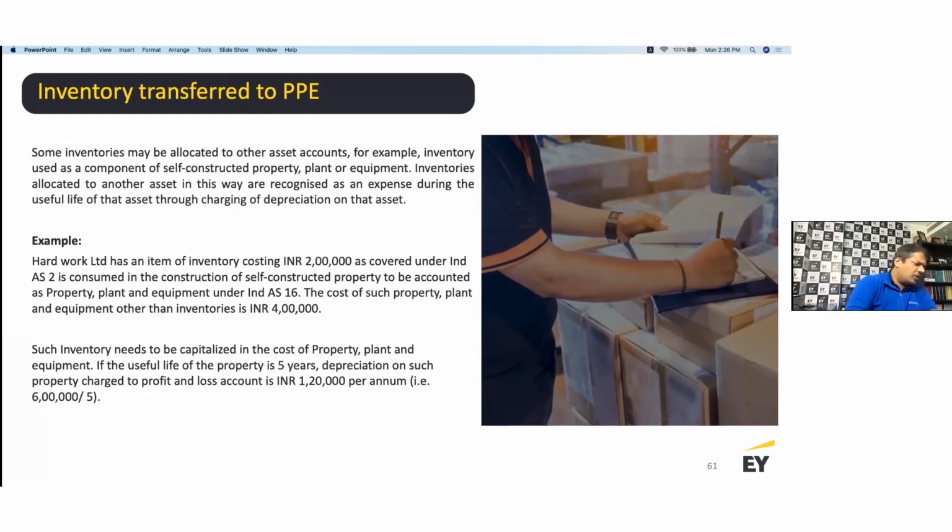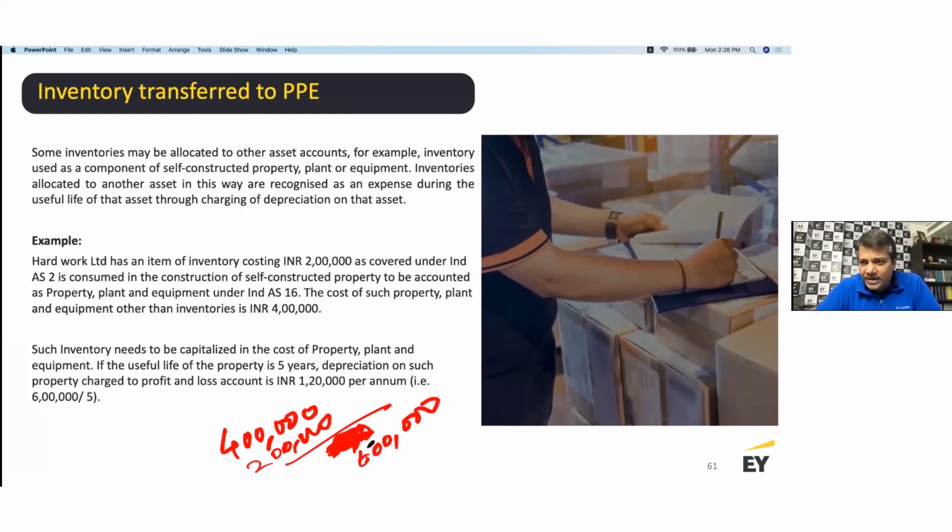So this 4 lakh plus 2 lakh increases it to 6 lakhs. We're going to capitalize 6 lakhs and then depreciate over an assumed life of 5 years.